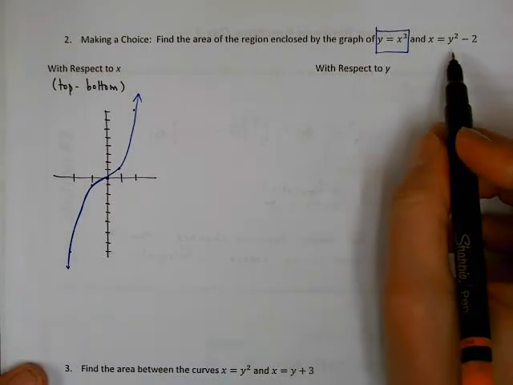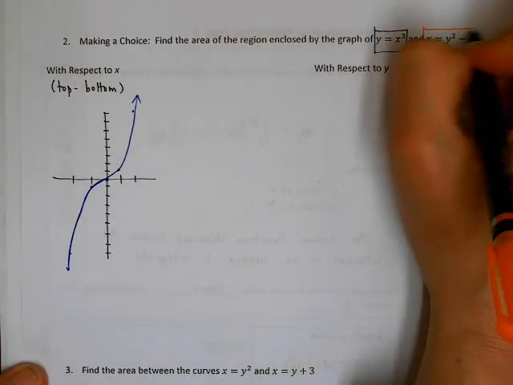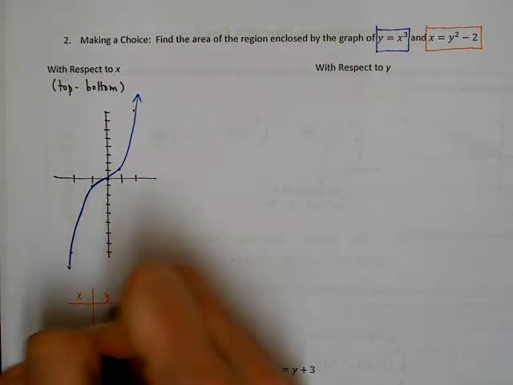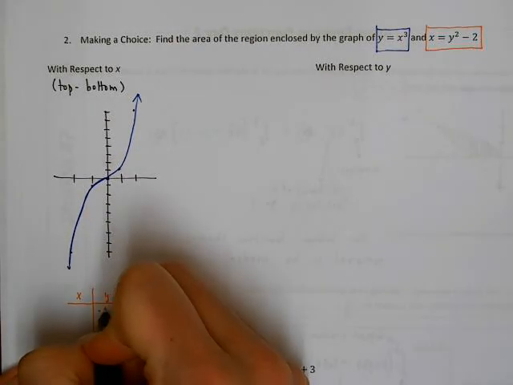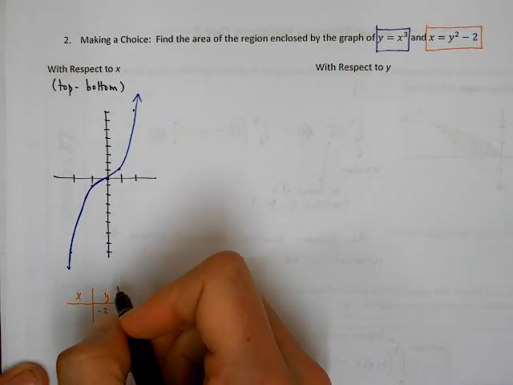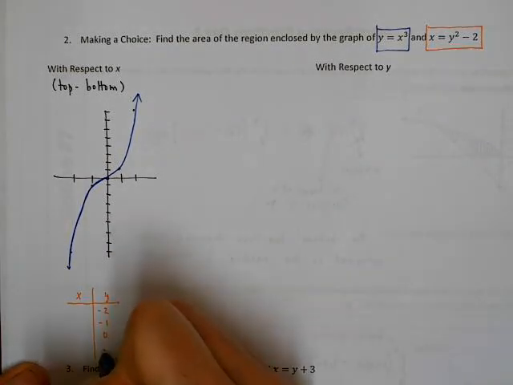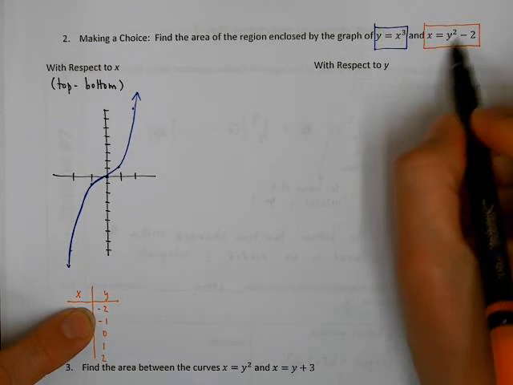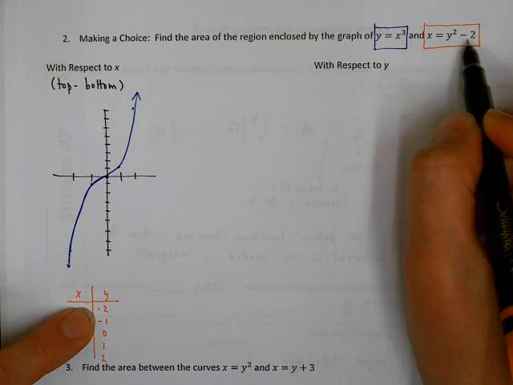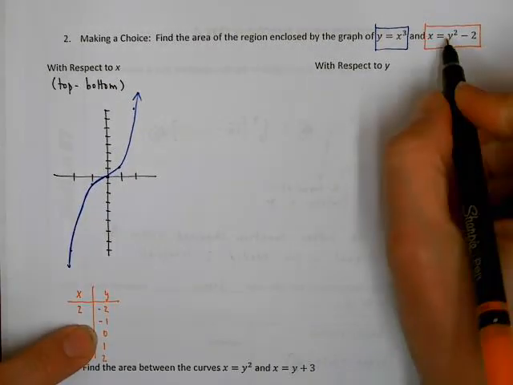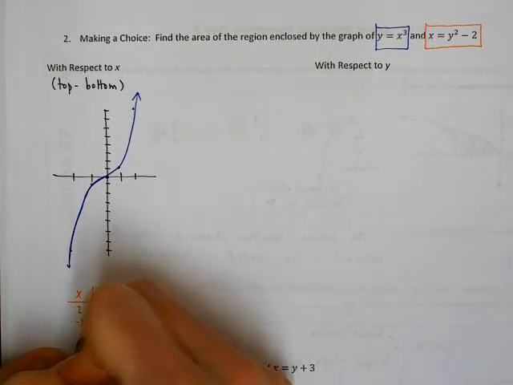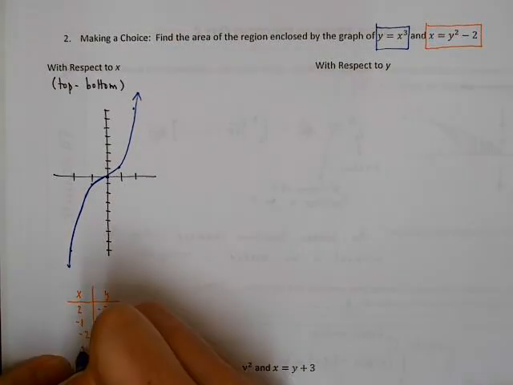Now this one, it's a little harder to tell what's going on, so maybe we'll use a table here. So I'm going to do an xy table. And let's see, maybe we'll do negative 2, negative 1, 0, 1, 2. So if y is negative 2, and remember, now I'm starting with y here. So negative 2 quantity squared is 4 minus 2. That gives me x is positive 2. If I plug in negative 1, 1 minus 2 gives me an x of negative 1. 0 is going to give me an x of negative 2. 1 again gives me negative 1, and then 2 gives me a positive 2.